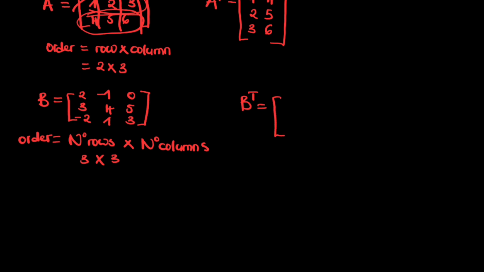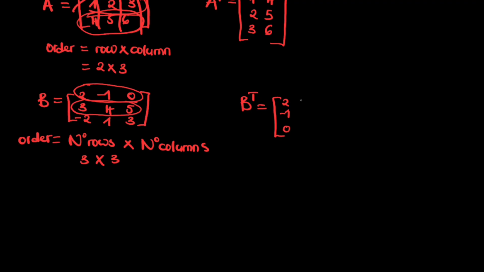So the first row becomes the first column of our transpose matrix. So we are going to have 2, minus 1, 0. The second row of our original matrix becomes the second column of our transpose matrix.